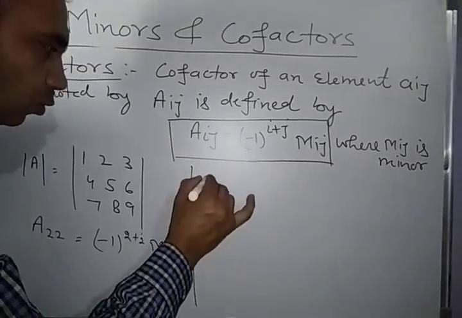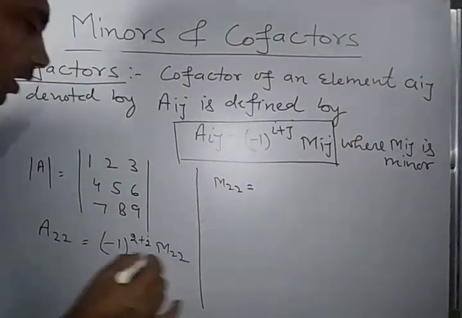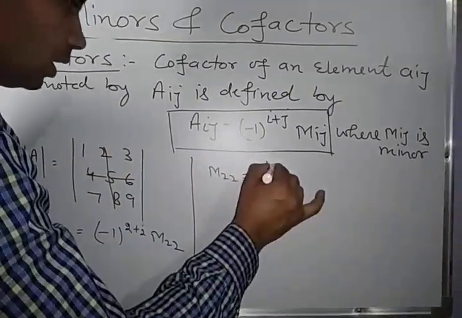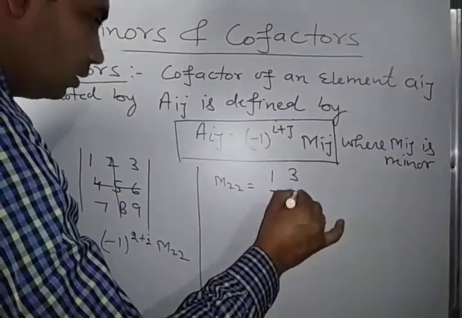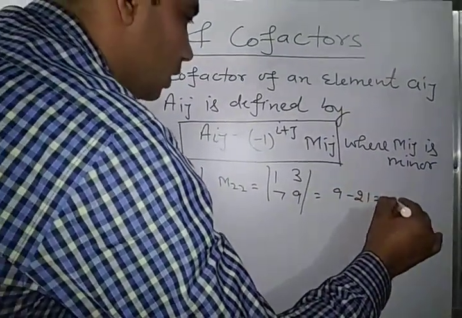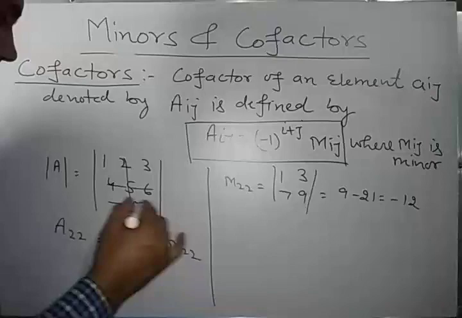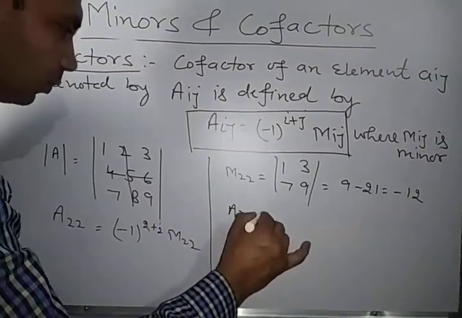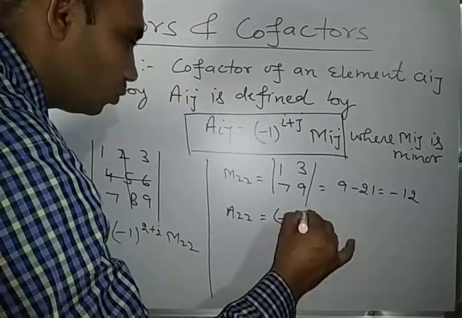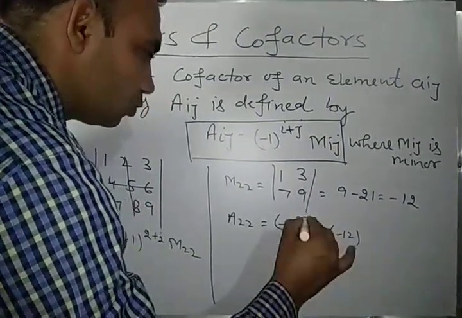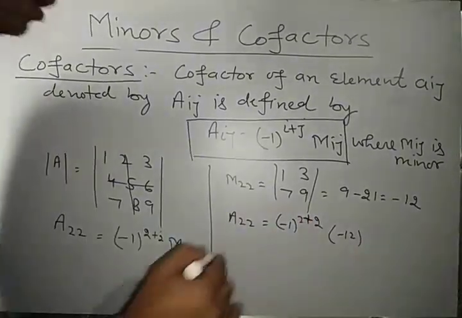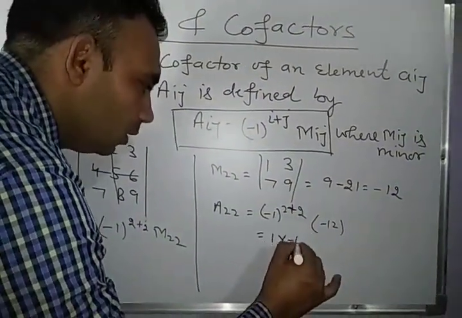M22, as we discussed earlier, by deleting the second row and second column, is 1, 3, 7, 9, equal to 9 minus 21, which implies minus 12. The cofactor A22 is minus 1 to the power 2 plus 2 into minus 12. Minus 1 to the power 4 is 1, so 1 into minus 12.